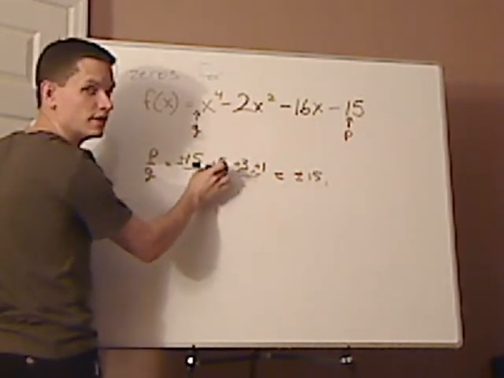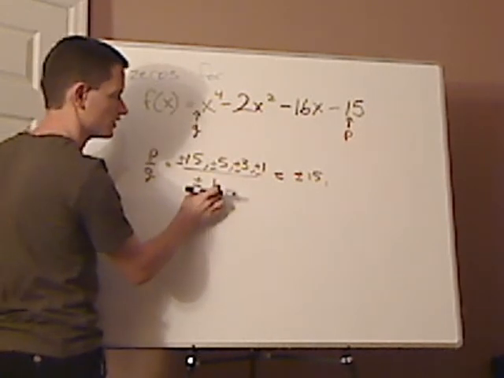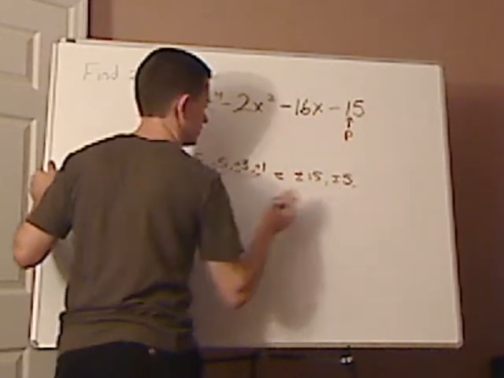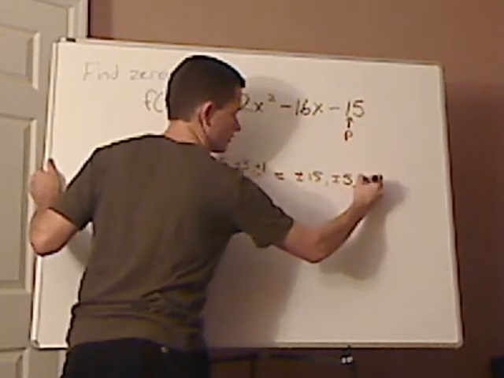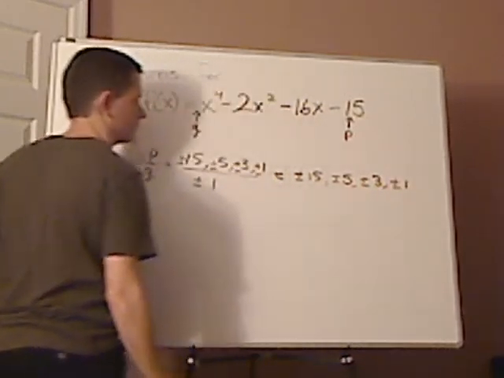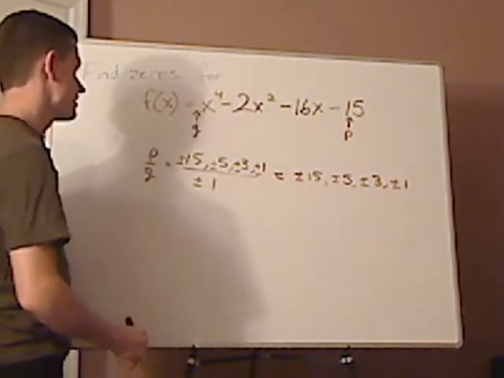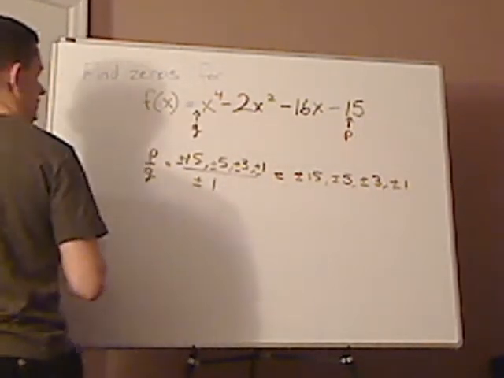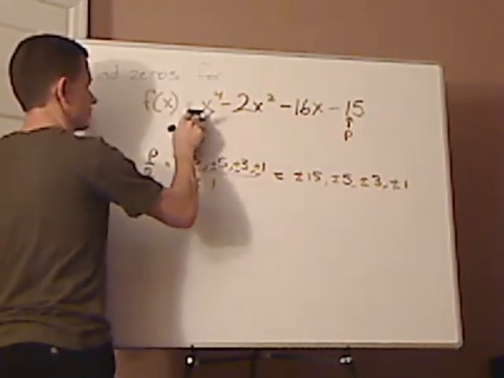Then you have plus or minus 5 over plus or minus 1, which is just plus or minus 5, and then plus or minus 3, and then plus or minus 1. So those are all your possibilities, and so I'm going to erase some of this because we're going to need room.